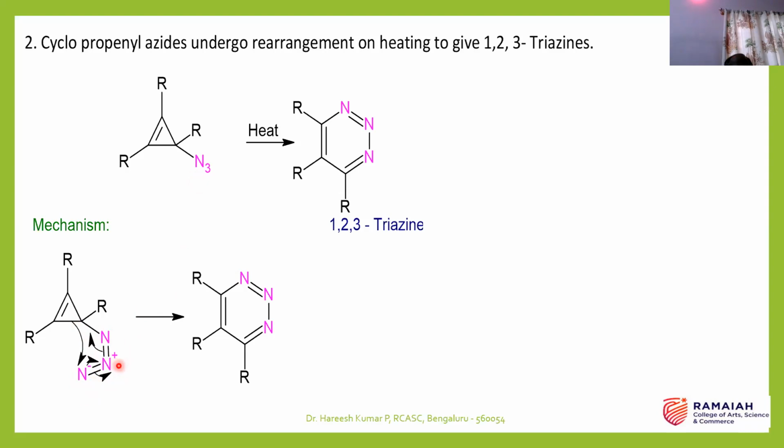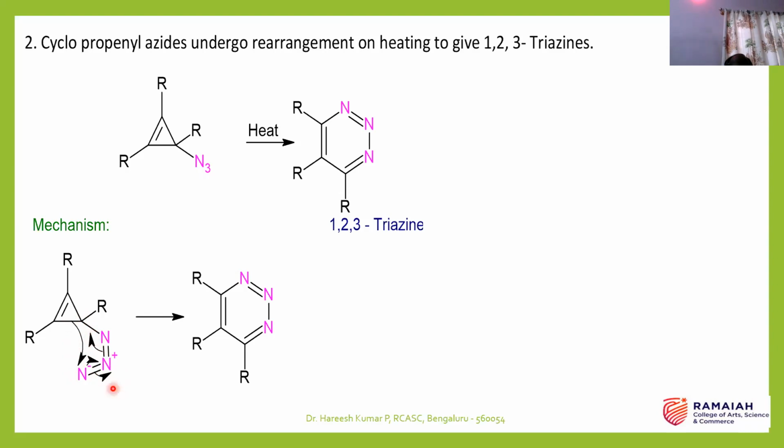You know that since there is a positive charge, this bonded pair tries to move towards nitrogen and convert it into a lone pair. When there is a transformation like this, the nitrogen occupies a positive charge. At that time, this bond pair will form a bond with this nitrogen. Since there is a positive charge here, this bond pair will move towards that.